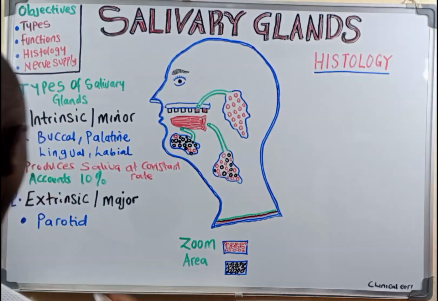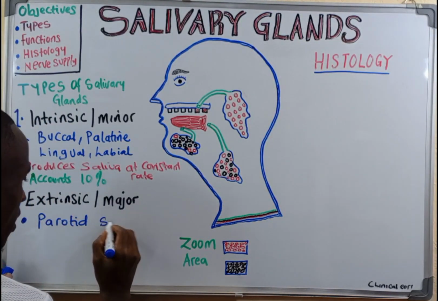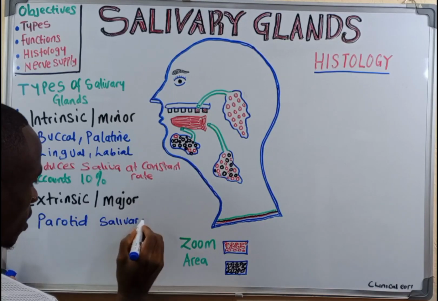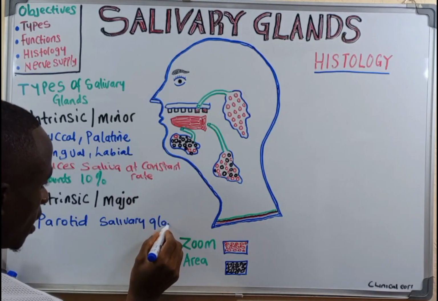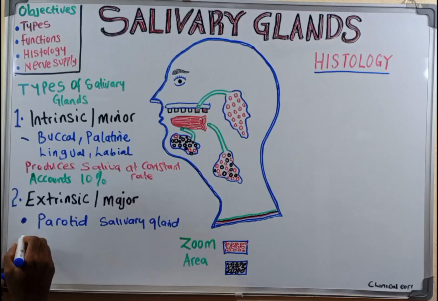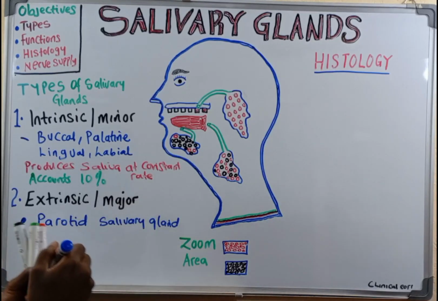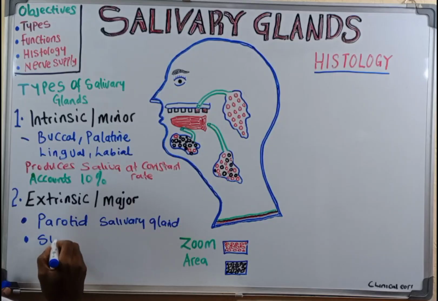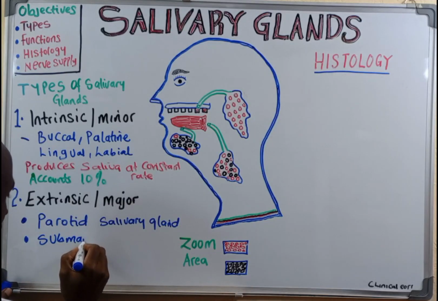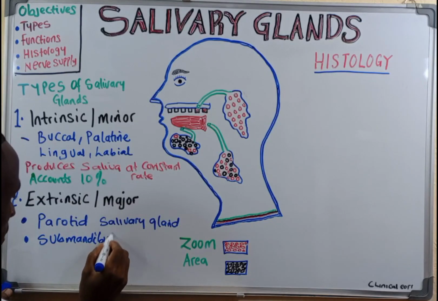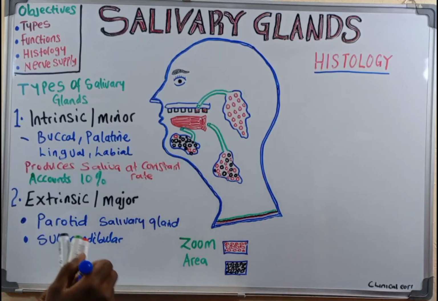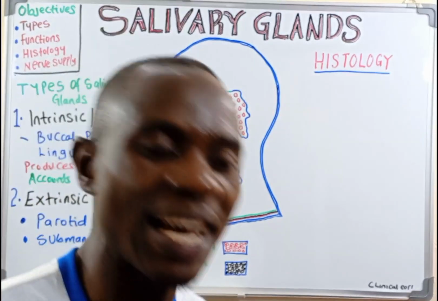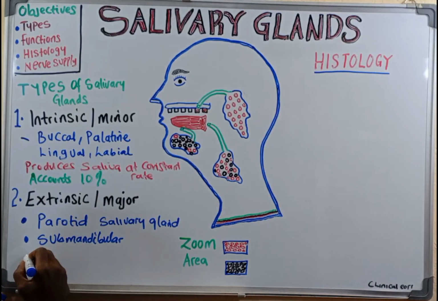The second one is the submandibular salivary gland. And then the last one is the sublingual.